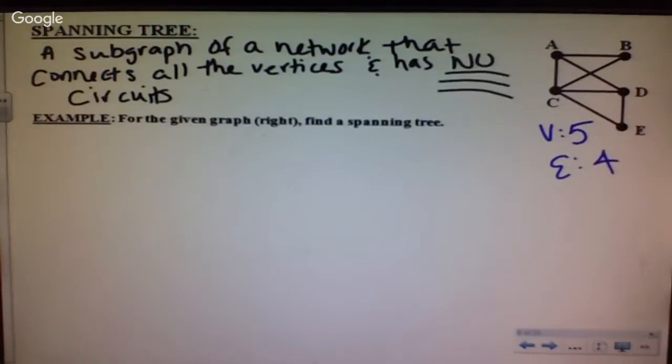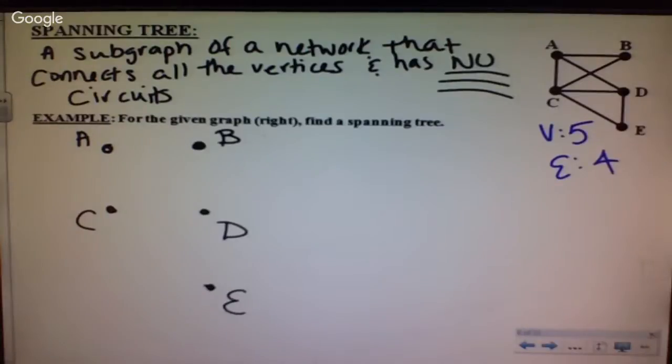So I need to create some kind of subgraph that has all of the vertices: A, B, C, D, and E. I need to use 4 lines from that original picture that connect all of these points. Only 4 of them. I cannot go above 4, so I can make it a tree.